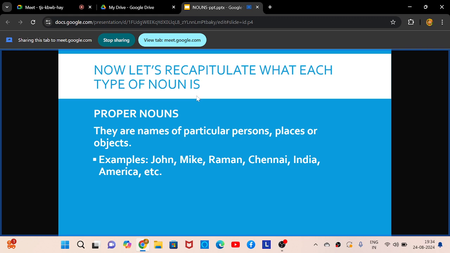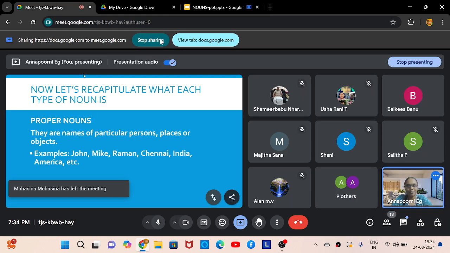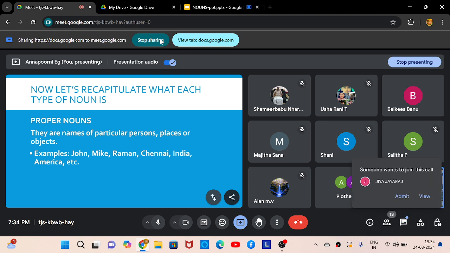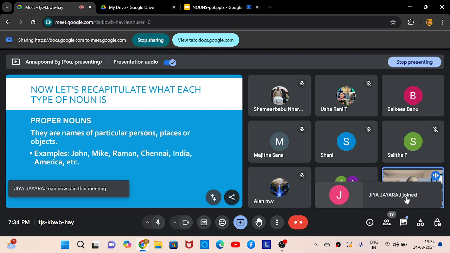Proper nouns are nothing but names of particular persons, places, or objects. That is, the name of a particular person, or the name of a particular place, or the name of a particular thing is what we call a proper noun. For example, Shani is the name of a particular girl.